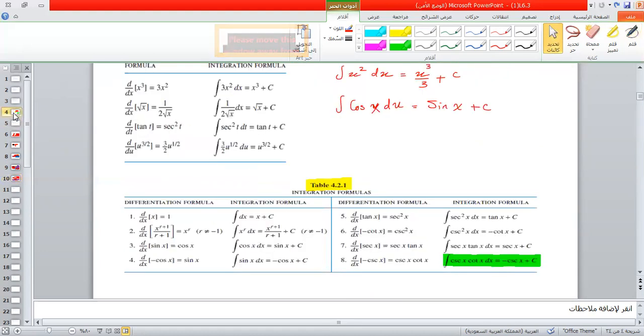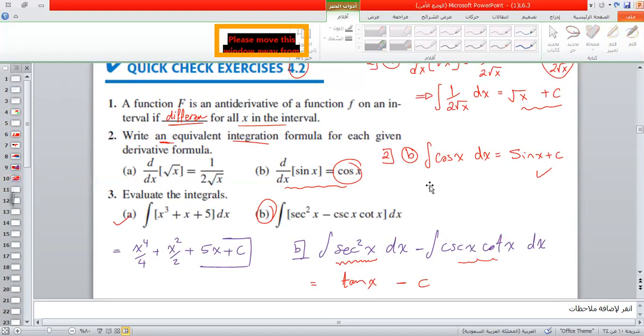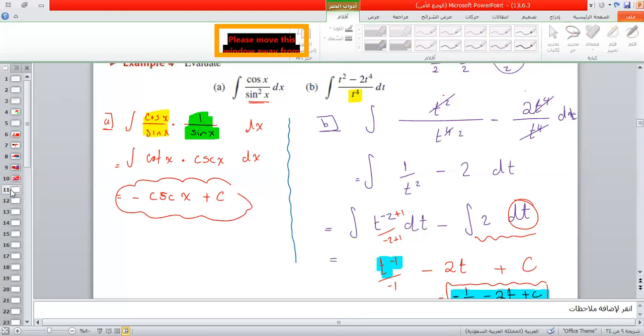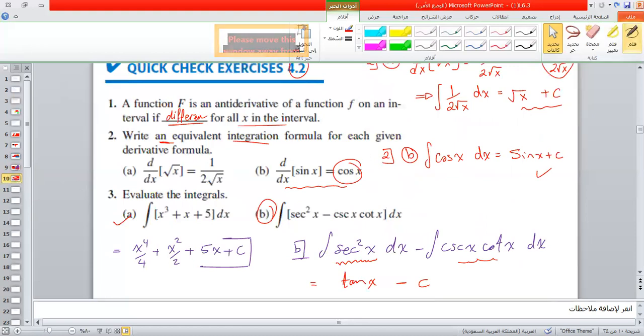Yes, we can move back to table 4.2.1. The integral of cosecant x cotangent x dx is equal to negative cosecant x plus c. So simply, I'm going to write here cosecant x, but negative, guys.